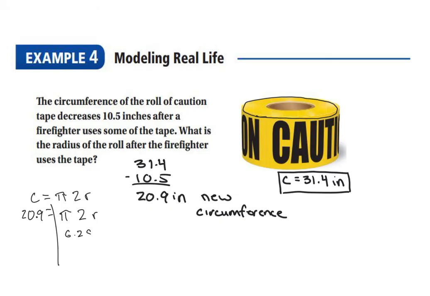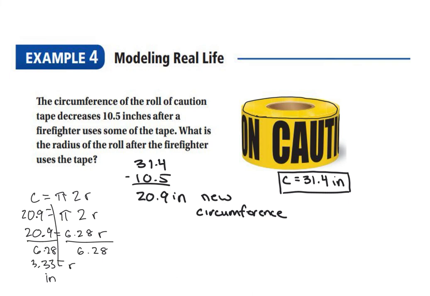So we have 6.28r equals 20.9. And now we're going to divide both sides by 6.28. So 20.9 divided by 6.28 is 3.33. And our label would be inches.